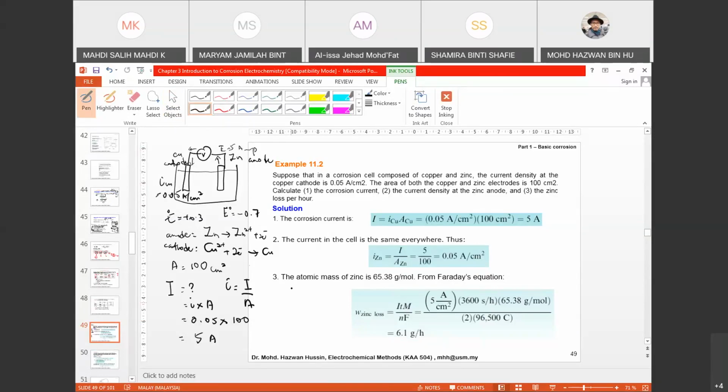Since the area is equal to 100, both are the same, and the total current value in the galvanic process is 5 amperes, you can calculate the current density of zinc, which is the total current over the area of zinc. In this case, 5 divided by 100 centimeter square, then you will get 0.05 amperes over centimeter square. The value will be the same for the cathode as well. Okay.